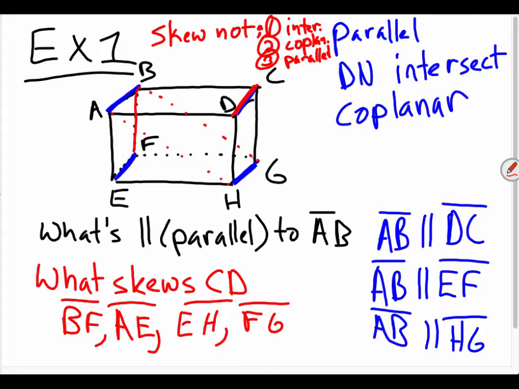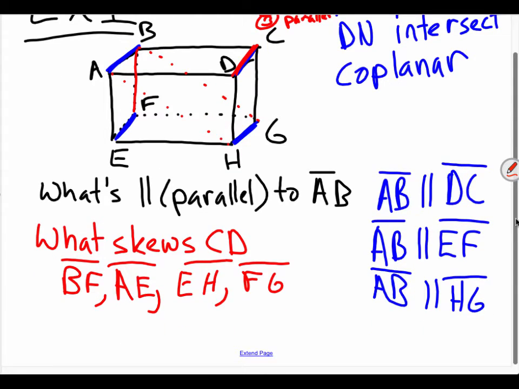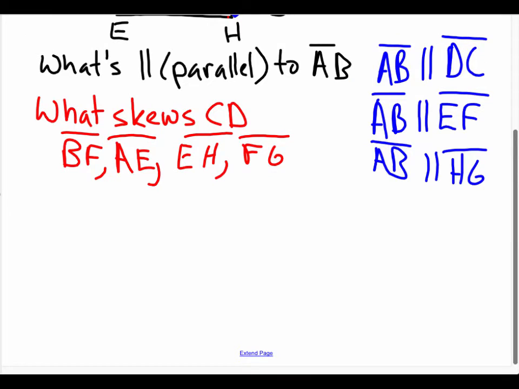And good. Okay, cool. Now, if parallel lines don't intersect and they're coplanar, what would we know about parallel planes? So I'm going to scroll up just a little bit here. What do we know about parallel planes?